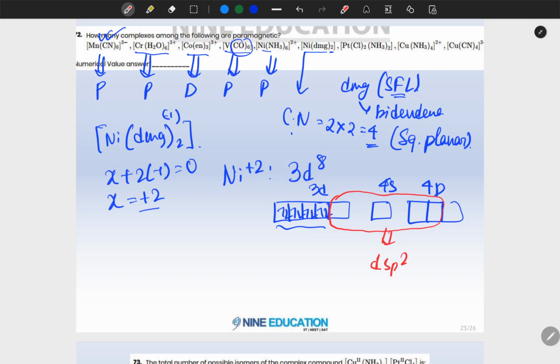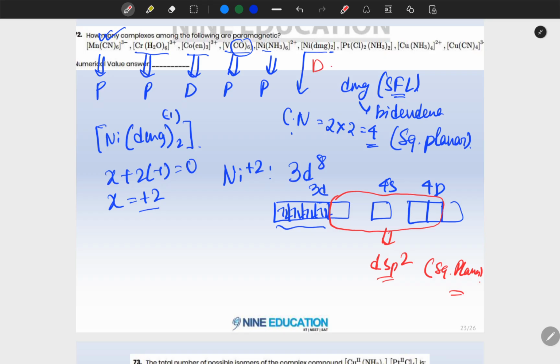So dsp2 hybridization, and the shape of the complex will be square planar. Strong field ligand and also bidentate ligand, coordination number is 4, that's why the resultant complex must be square planar. In square planar, all the electrons will get paired up, so the hybridization will be dsp2. So again, this is also diamagnetic.